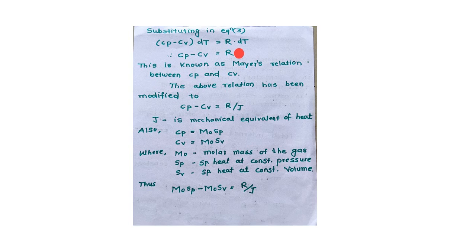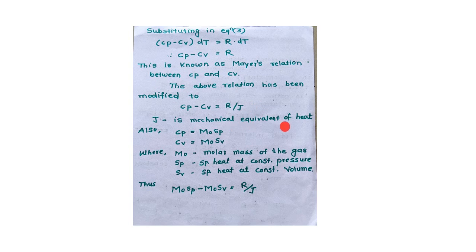This relation has been derived assuming that heat energy and mechanical work are measured in the same units. Generally, heat supplied is measured in calories and work done is measured in joules. Now the above relation is modified to Cp - Cv = R/J, where J is the mechanical equivalent of heat.